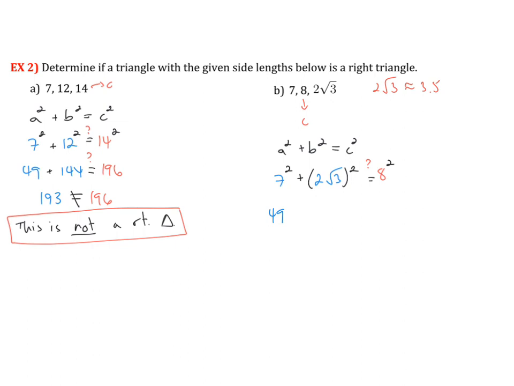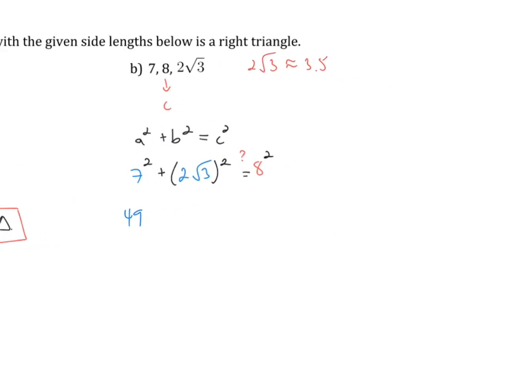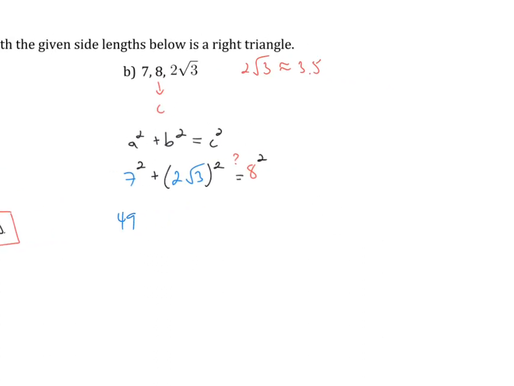All right, so on the left side right here, we have 49. And let me go ahead and quickly do this off to the side. This is how we take care of 2 times the square root of 3, all of it squared. In this particular case, because we have multiplication going on, you can go ahead and square the 2, and then you can square the square root of 3.